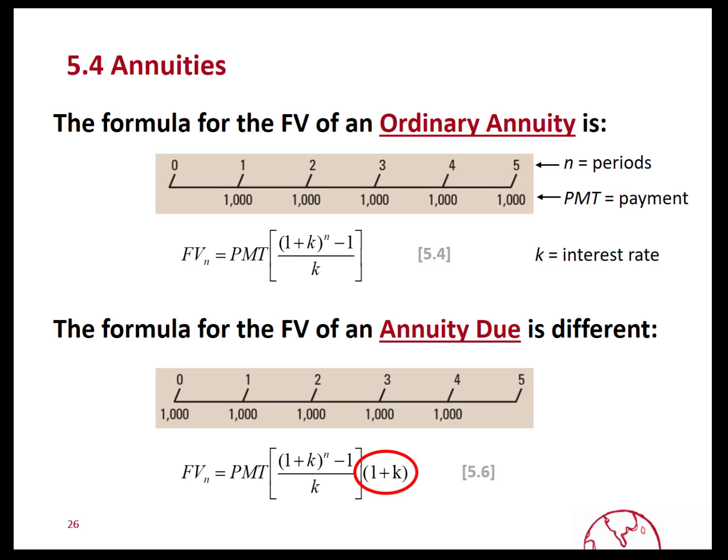So we're going to multiply by 1 plus the interest rate. This covers that extra period, because effectively at the end of 5 years, the money will have been invested for 6 periods, since each of those 5 payments comes at the start of each period. So that payment at year 0 actually gets invested all the way to year 5, which is 1 extra period compared to the ordinary annuity.